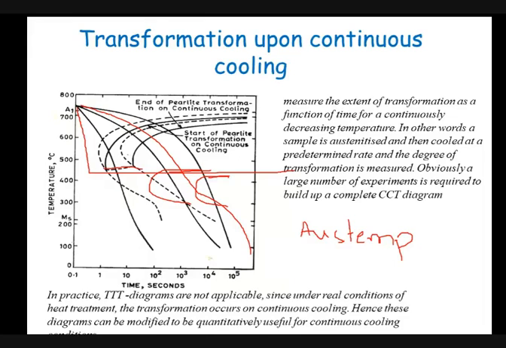Okay, so here it is written. In practice, TTT diagrams are not applicable since under real conditions of heat treatment, the transformation occurs on continuous cooling. Hence, these diagrams can be modified to be quantitatively useful for continuous cooling conditions.